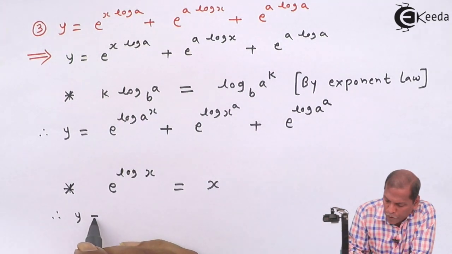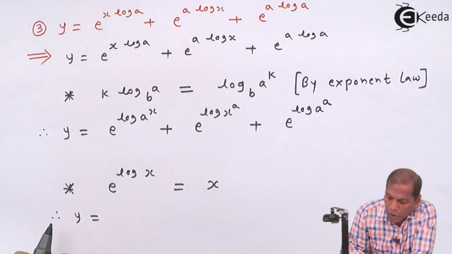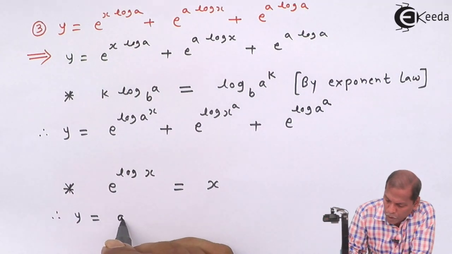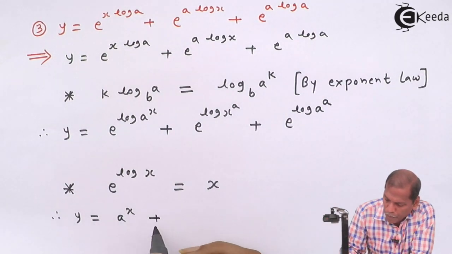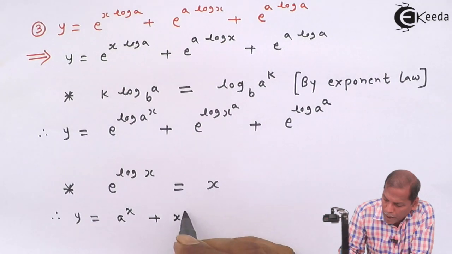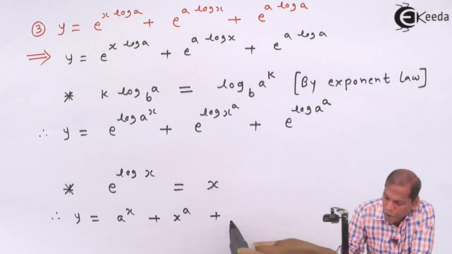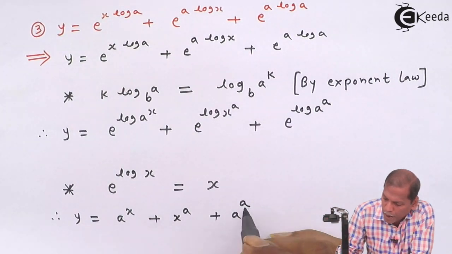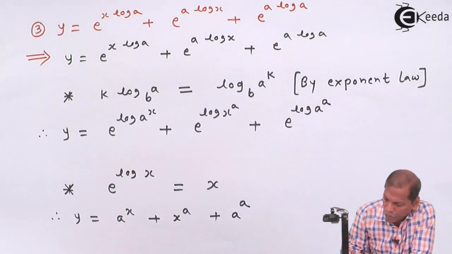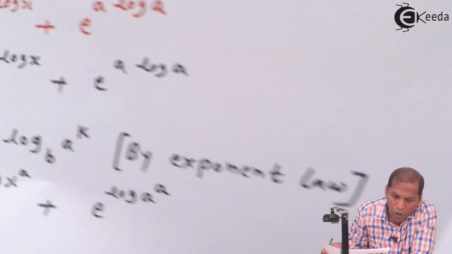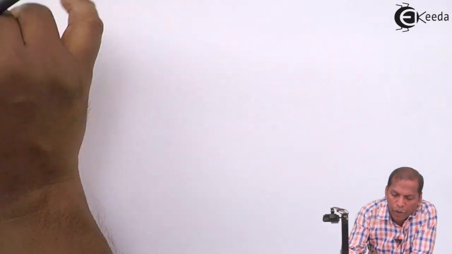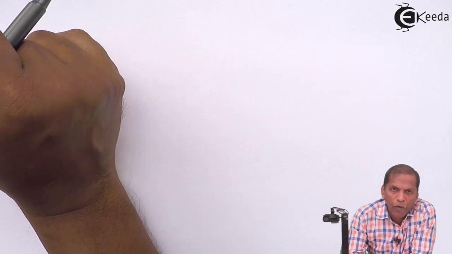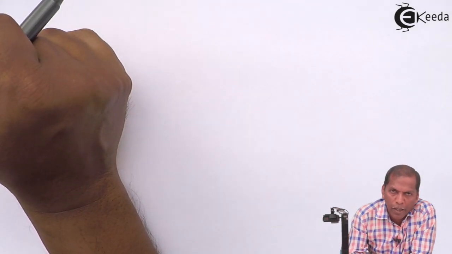Therefore, the next step will be y is equal to a raise x plus x raise a plus a raise a. Now the simplification is over. Now we can differentiate the given function with respect to x.